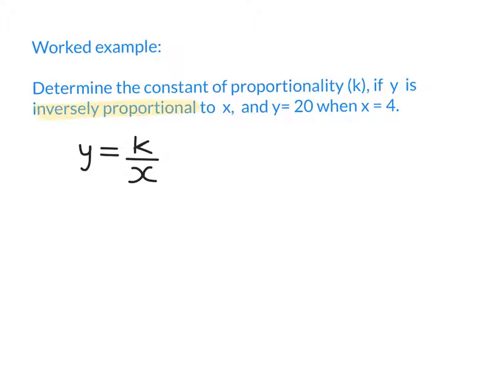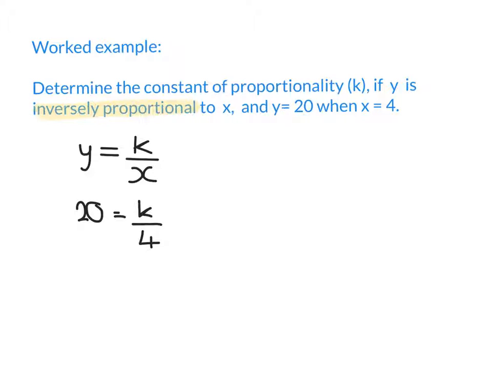If we already know some values for x and y, then we can substitute those into our equation, and it's going to give us 20 is equal to k over 4.